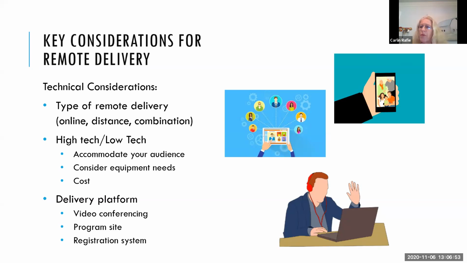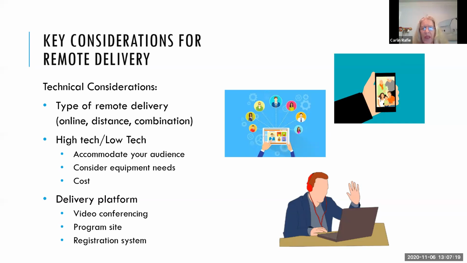An online delivery system, according to the CDC, is 100% online. It's asynchronous. In other words, individuals can log in to that system independently, although participants must interact with their lifestyle coach at various points during that 12-month period, either through classes, emails, calls, or text. So that's the online delivery.